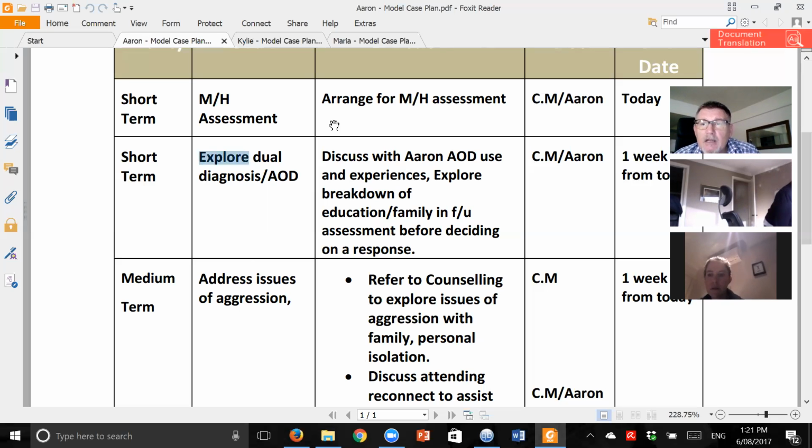Sonia, sorry, you walked off a little bit there, but we're talking about if this document goes to court, right? I could hear you down the hall. Oh, good, okay. Good. So if it's gone to court and this document's pulled up, if you write 'explore AOD', that's gold, because that's leading people to say you've got a suspicion of that, you're not qualified to deal with that.